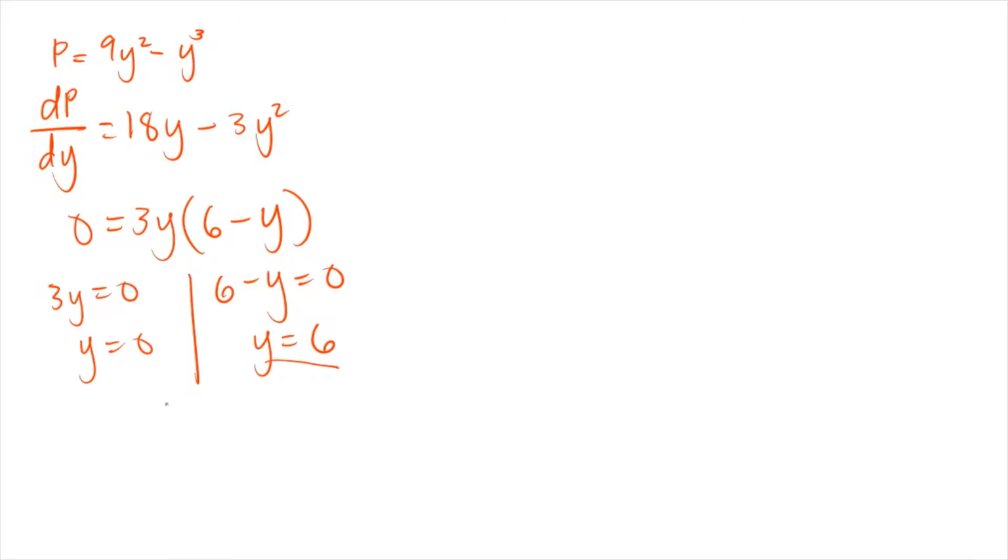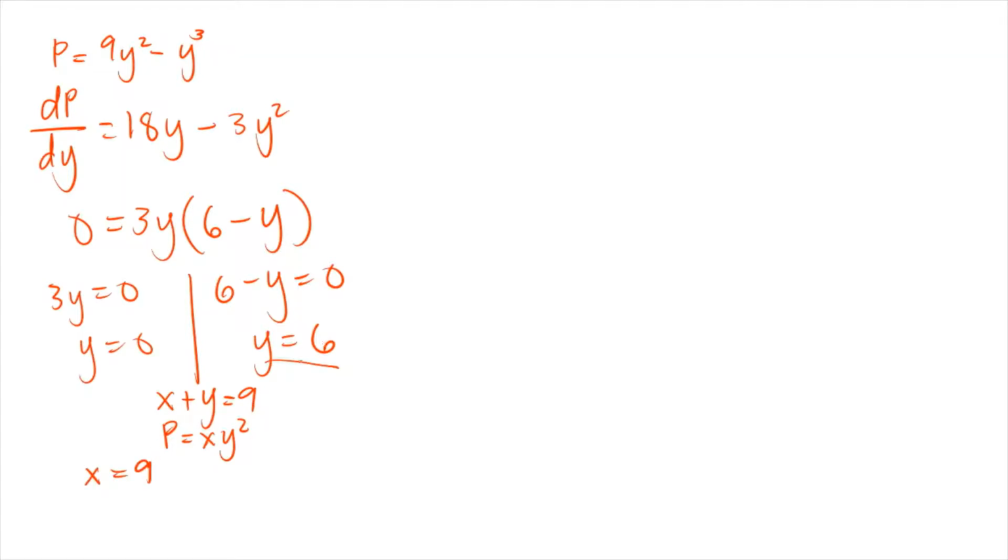We can solve for the corresponding x values using the secondary equation, x plus y equal to 9. And then after we solve for x, we can solve for the product using the equation p equal to x y squared. So if y is equal to 0, plug in y equals 0 into x plus y equal to 9, we get x equal to 9.